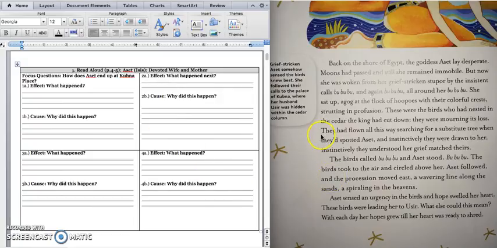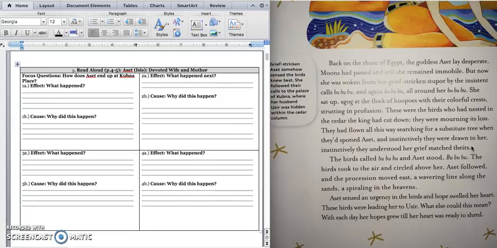Another reason why they were drawn to Aset, not only were they looking for a new place to live, a new tree, but they were drawn to Aset because the text says they understood her grief matched theirs. They realized she was just as sad as them because of the tree. What they didn't realize is she was sad because she lost Aser, which became the tree.